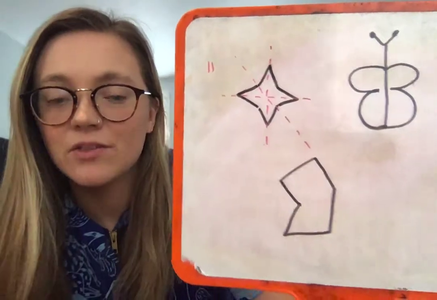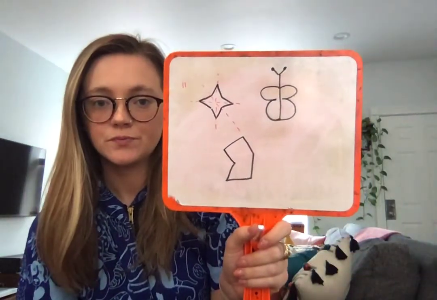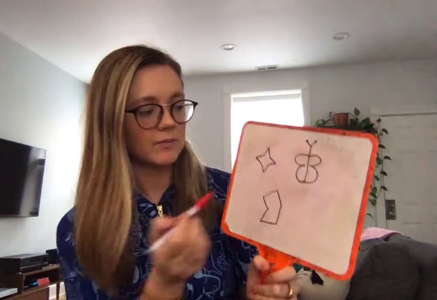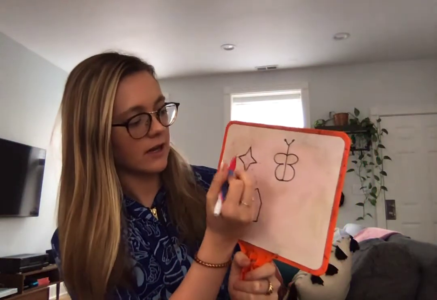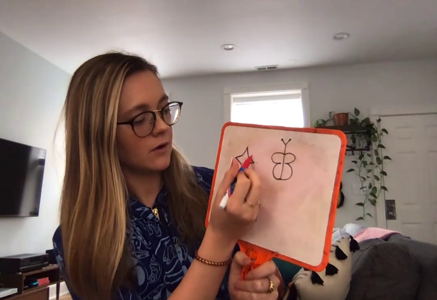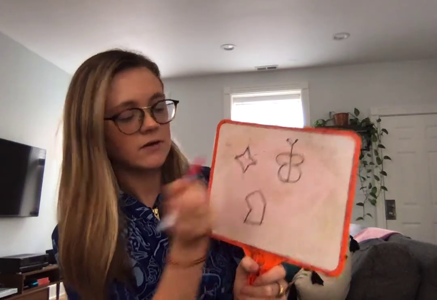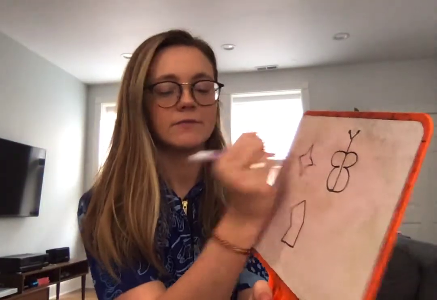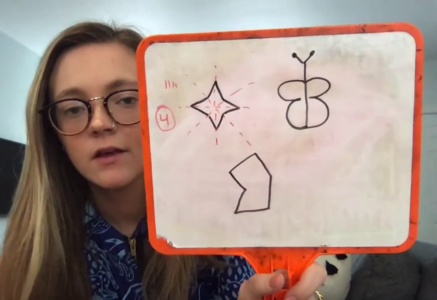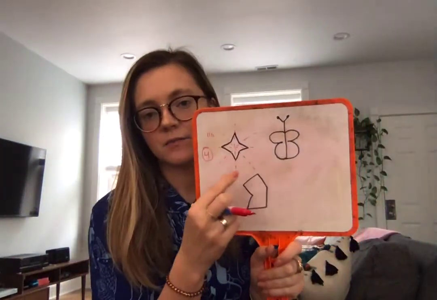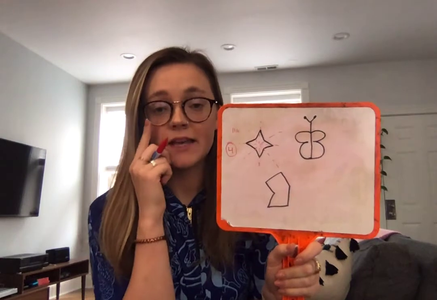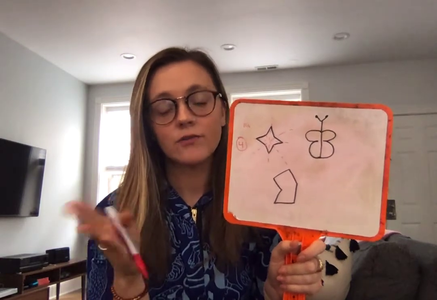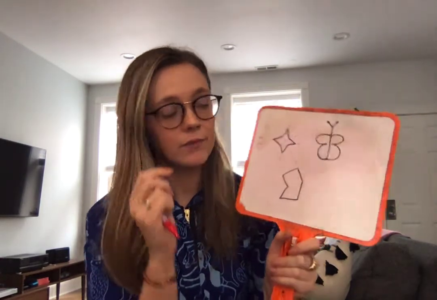It would not. So this has 2. The next one I'm going to look at, actually yes it would, and it would also go diagonal here. So this one has 4. I'm going to write a 4 and circle it. And again, it was kind of hard for me to see the diagonal. That's why I made that mistake at first. But if you cut this shape out and fold it, you would be able to make sure.